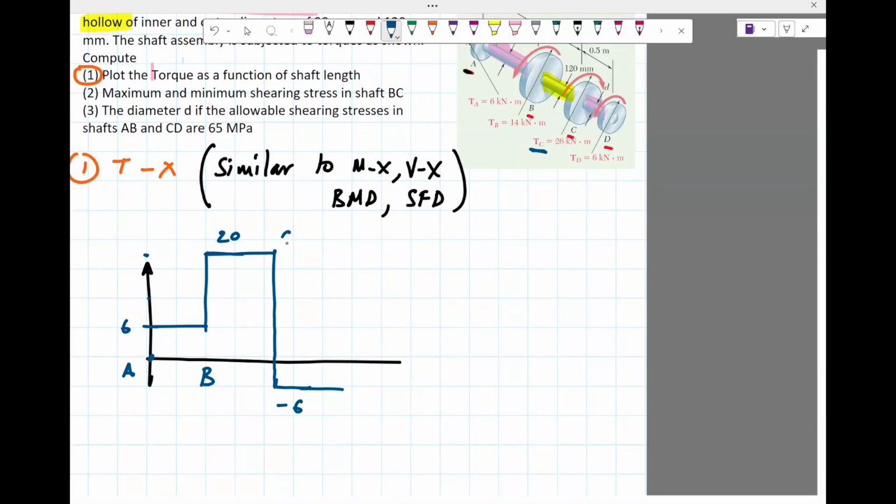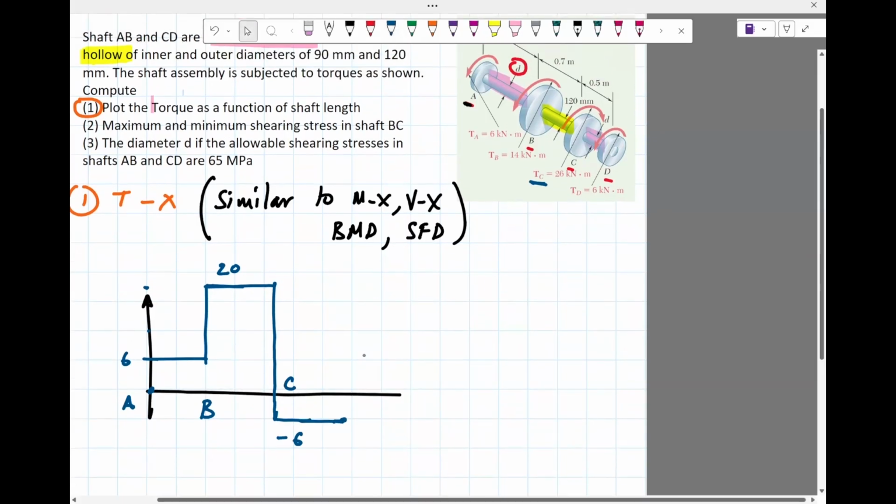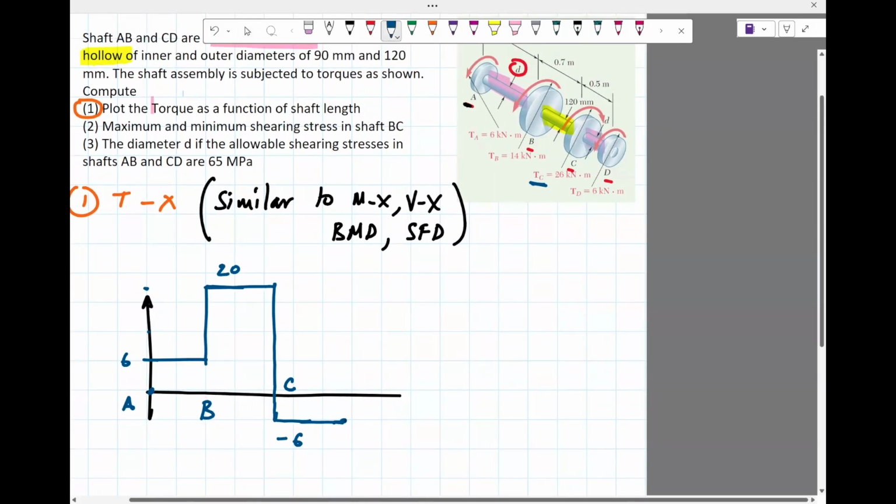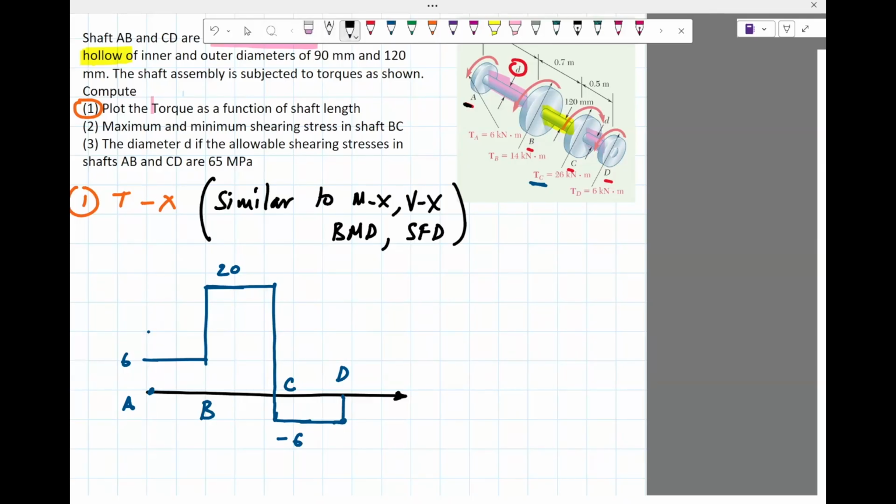This will be the point C. Then it goes to D, and at D we can see there's a counterclockwise torque, so the minus 6 adds to the 6 to give me 0. This is T, my torque displacement or torque distance curve.